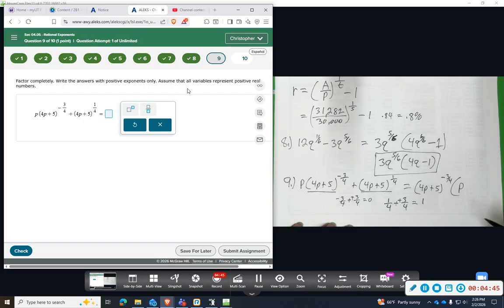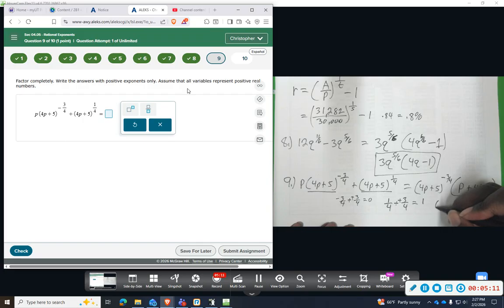So what we will have left is 4p plus 5, and it'll be to the first power, which is just this. And then we can combine like terms. P plus P gives us 5P plus 5.